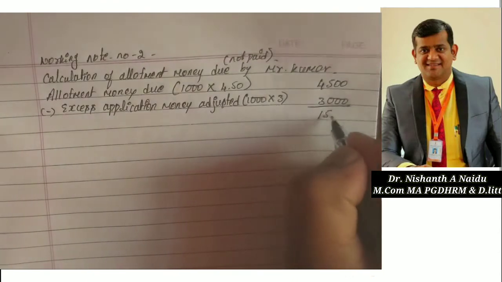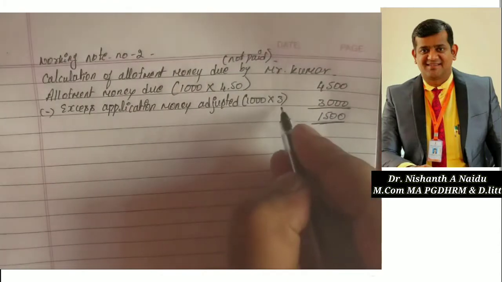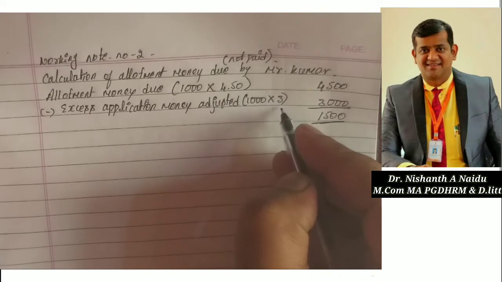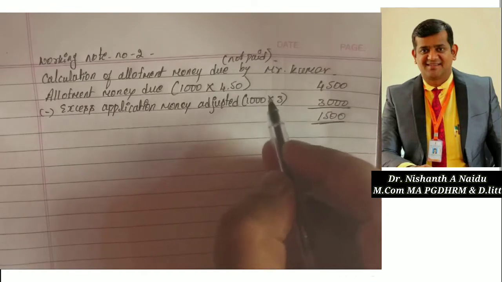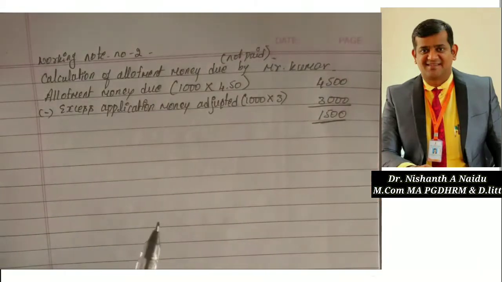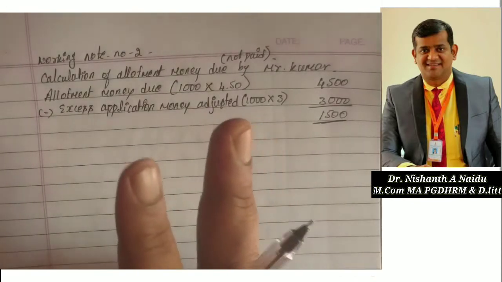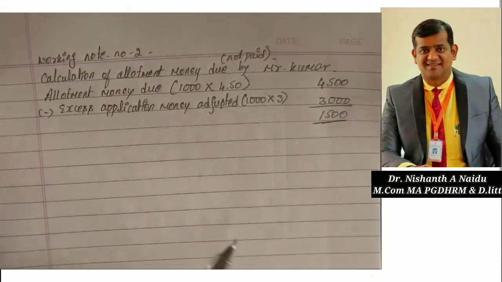This is excess application money adjusted towards allotment, because Mr. Kumar applied for 2000 shares and we allotted him only 1000 shares.